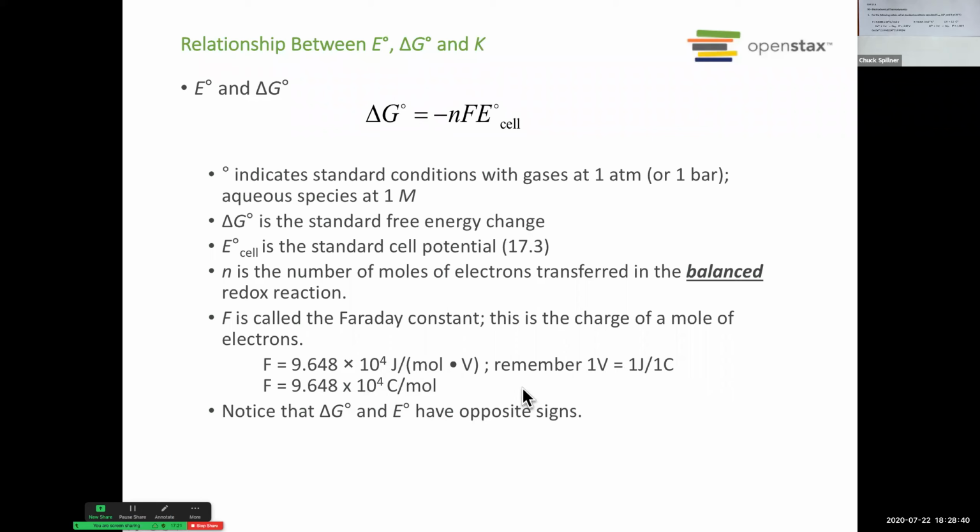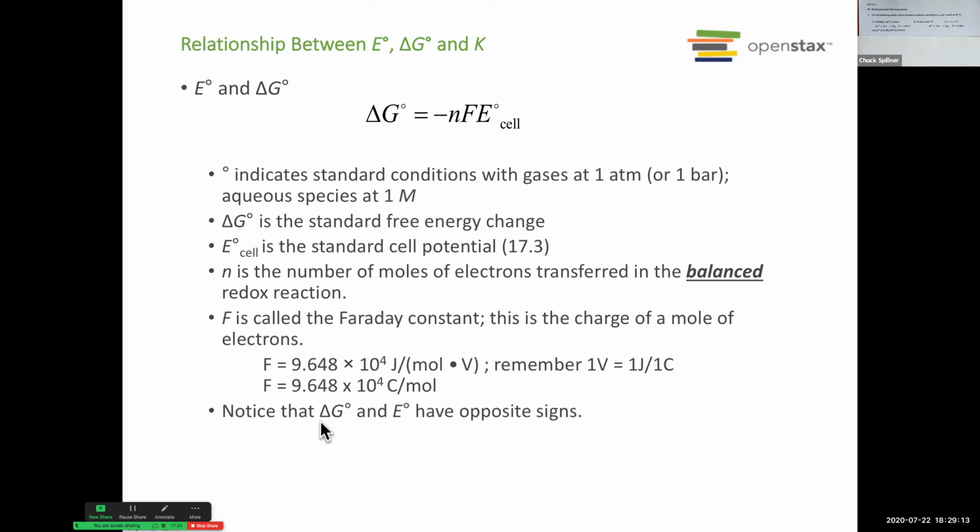In the previous section when we talked about volts, I had one slide that showed how many coulombs of charge there are in 1 electron. It wasn't very much, something times 10 to the minus 19. Well, if you multiply that times Avogadro's number, you get the number of coulombs per mole of electrons. It's called the Faraday constant.